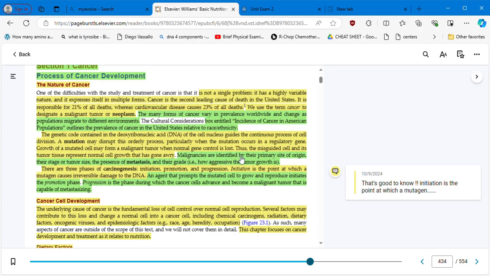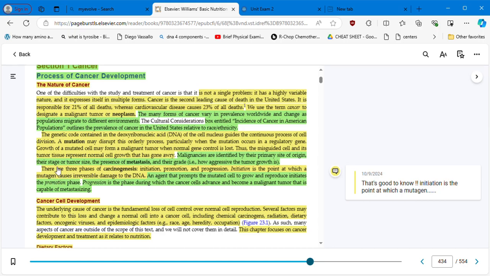Malignancies are identified by their primary site of origin, their stage or tumor size, the presence of metastases, and their grade. Again, the primary site of origin: what organ is it?